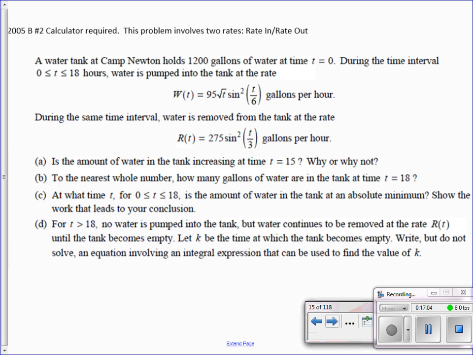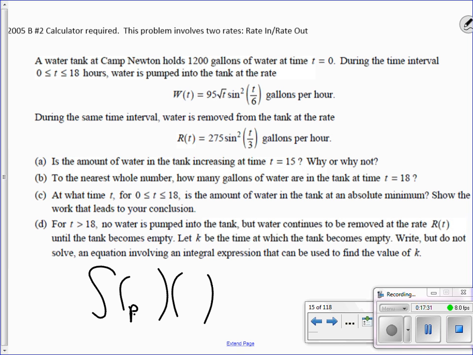If they're asking, look at how the given rates are measured. Let's say it's a rate measuring pigs per hour. If they ask you for the number of pigs, you're going to have to integrate pigs per hour to get pigs. Whenever you integrate, you multiply the units of the integrand by the units of the differential, which is going to be time.